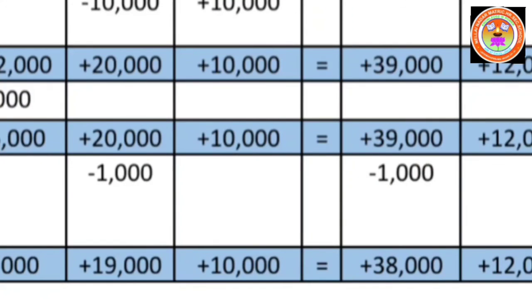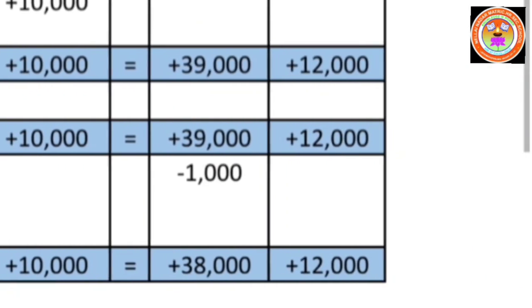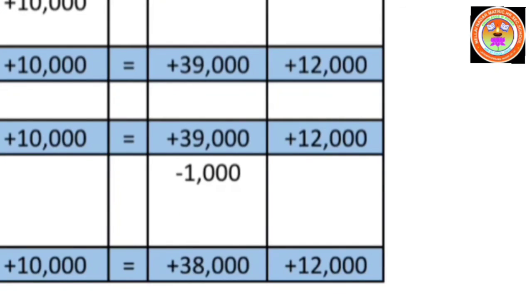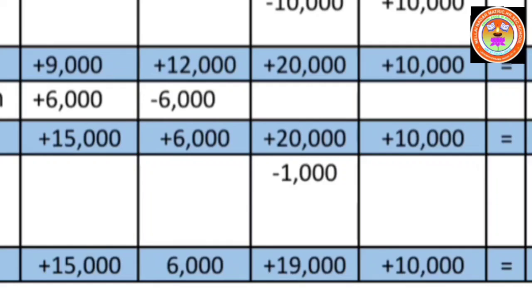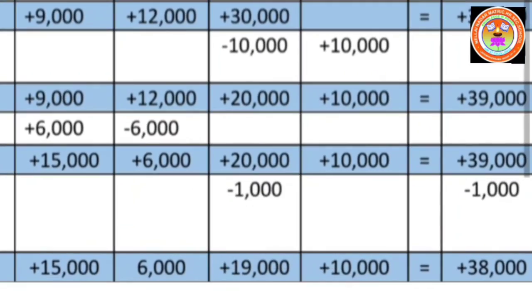So assets equal capital plus creditors. The column total is rupees 50,000. The asset side total is also 50,000. So hence it is proved that assets equal capital plus liabilities.